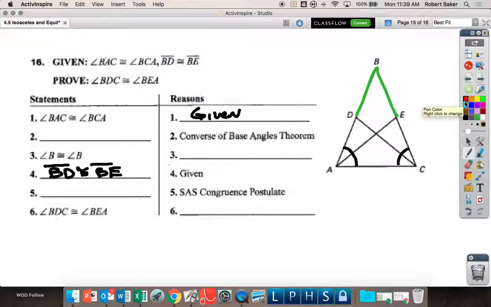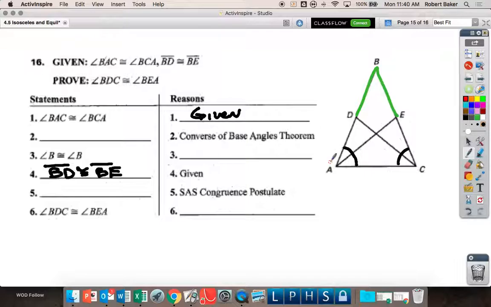Now it says number 2 blank, the converse of the base angles theorem. So this was me saying if sides are congruent, then base angles are congruent. So if base angles are congruent, you can conclude that sides are congruent. So we have, BA is congruent to BC.